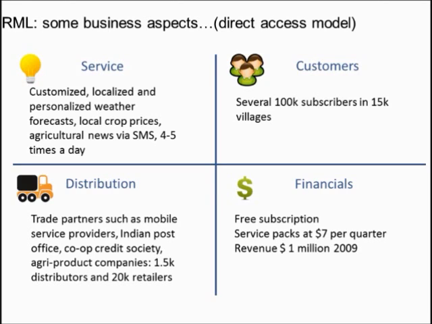They have about 100k subscribers in 15,000 villages, and they use as distributors trade partners such as the mobile service providers, the Indian Post Office, the Co-op Credit Society, agri-product companies, and that adds up to about 1,500 distributors and 20,000 retailers. What does it cost? Well, it's a free subscription model, but you pay then about $7 per quarter. And revenue in 2009 was about 1 million.